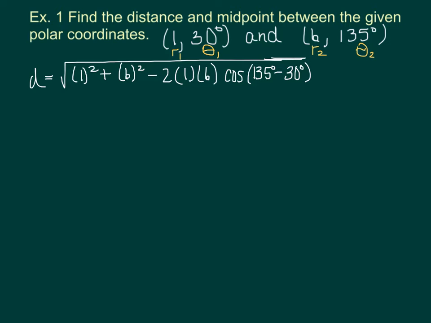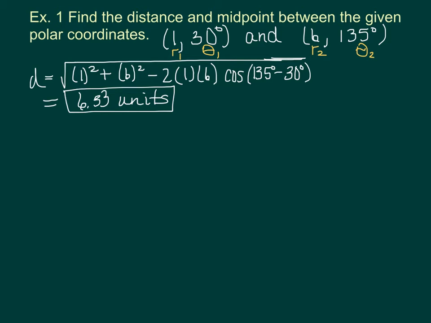And you're going to type all of that in your calculator. And I'm going to give you a second to type that in to see if we get the same answer. Okay, you should have gotten 6.33 units. And if you didn't, two things could have happened.